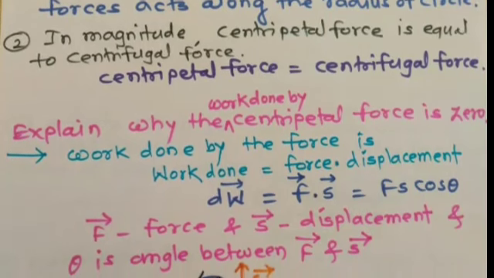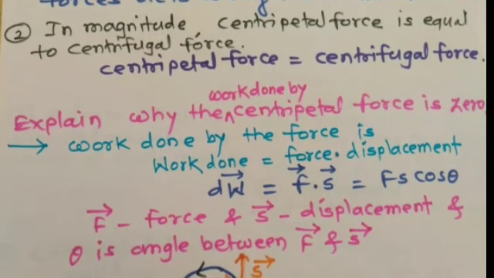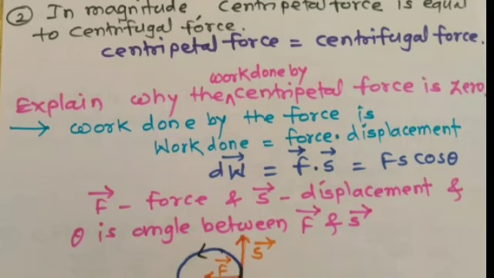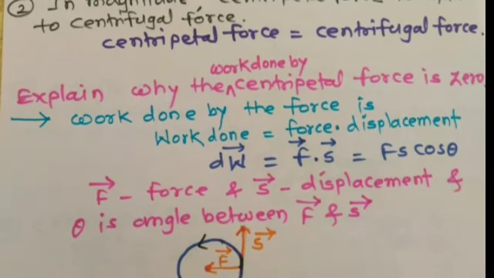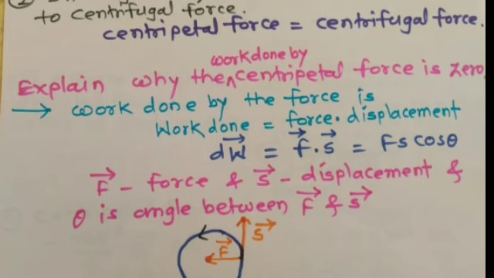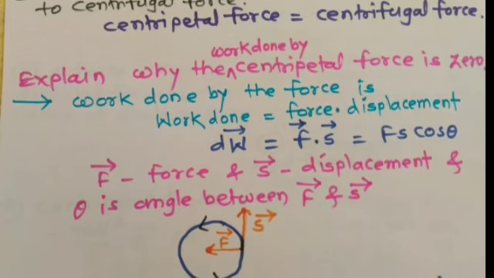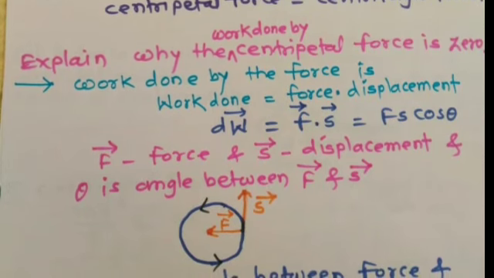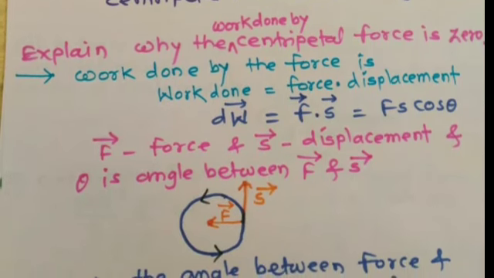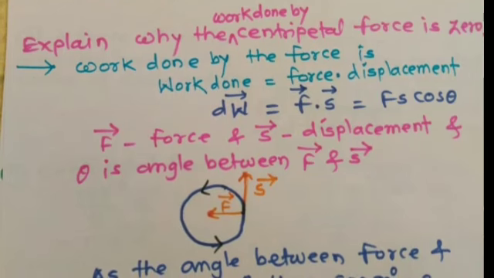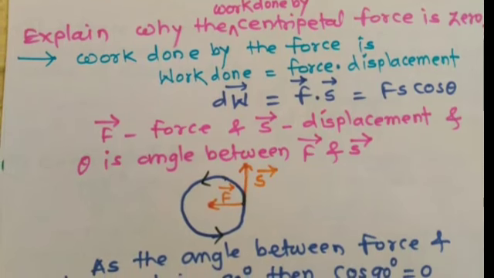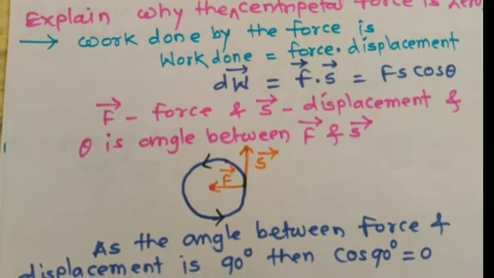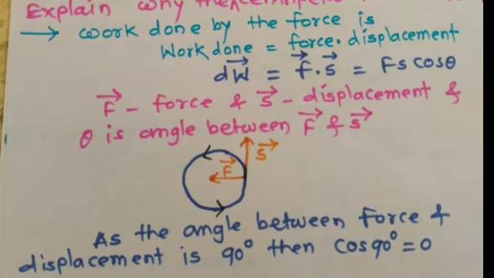These are the similarities. One question is there: explain why the work done by centripetal force is 0. We know that work done by a force is force multiplied by distance, or the dot product of force and displacement. So dW is equal to vector f dot vector s, which is equal to fs cos theta.